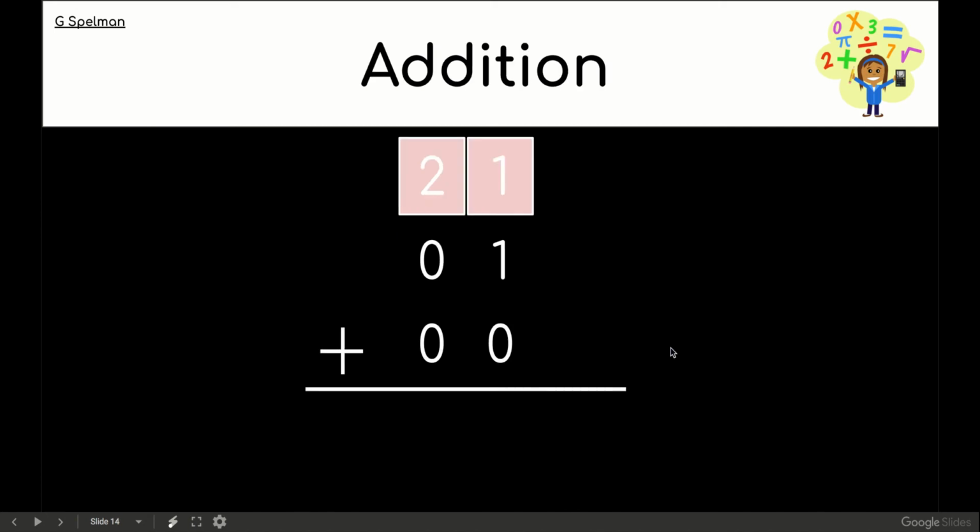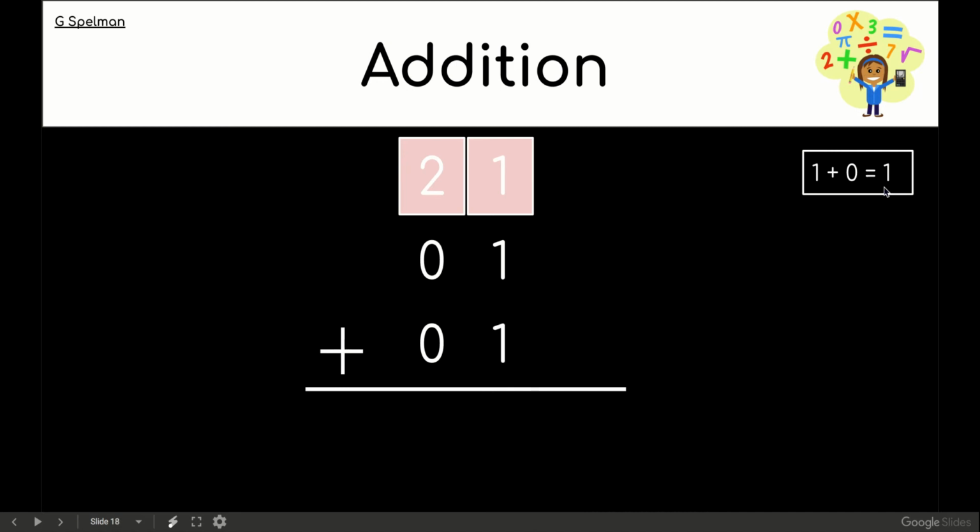Okay, this is actually as easy as it looks. So have a go at adding these two numbers together. So 1 plus 0 is 1, and 0 plus 0 is 0. So what we've done is we've added 1 and 0 together, and we've got 1 as our answer.